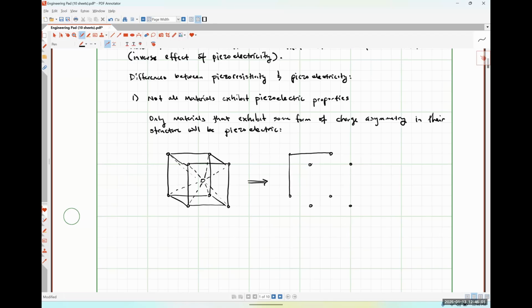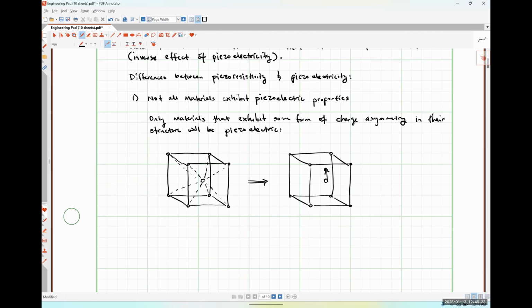So we've got the corners of our cube shapes, like so. And the poling process would actually move that central atom up to say here.